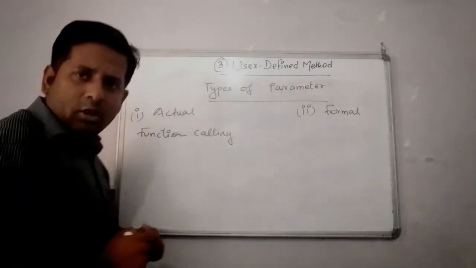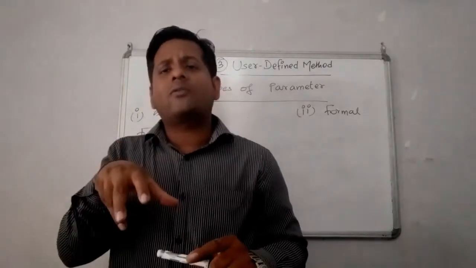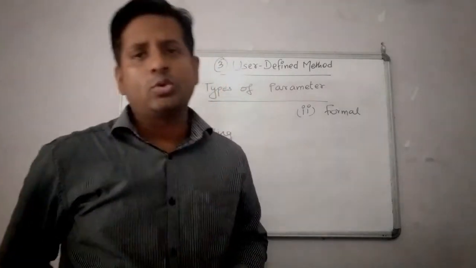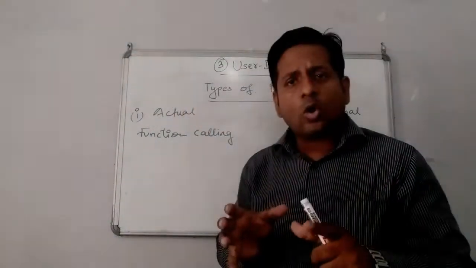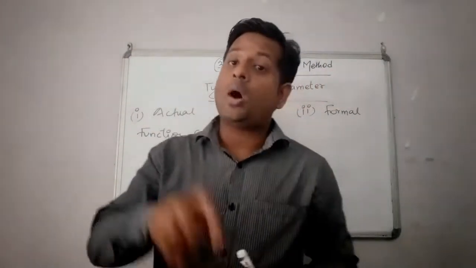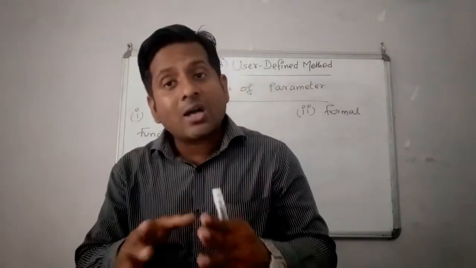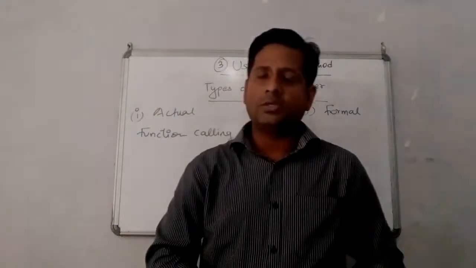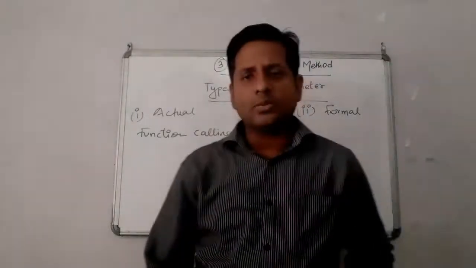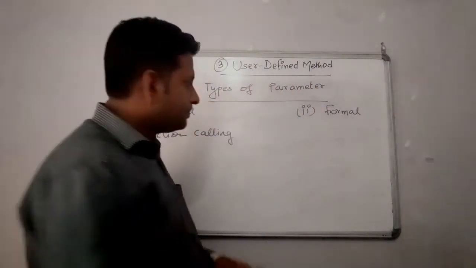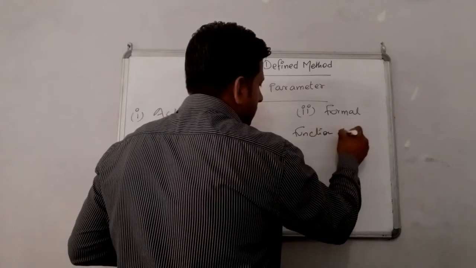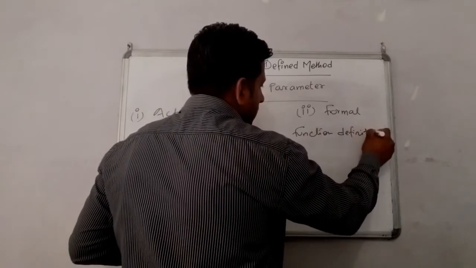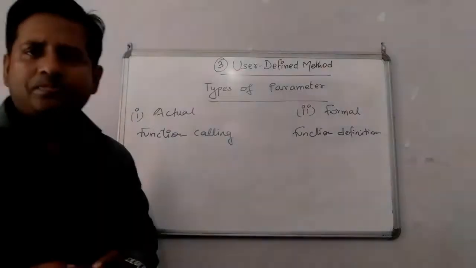So when we are calling the function, we pass the value, that is the actual value which we ask from the user. So at the time of function calling, we pass the value, and that value is the actual value which we ask from the user, on which we are going to operate. This is the actual parameter. Whereas formal means function definition.